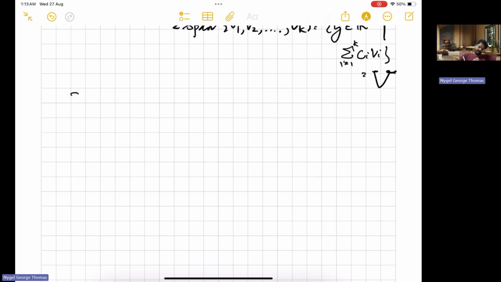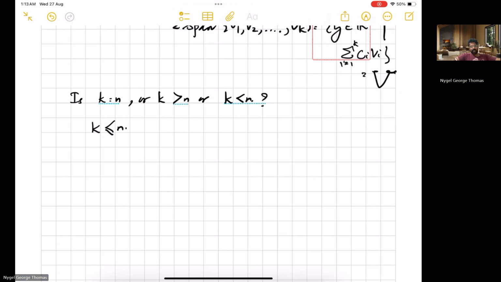Is k equal to n, or k greater than n, or k less than n? It turns out that k is less than or equal to n. If you are given a set of vectors which spans a particular vector space, the basis could be equal to it or less than it, but not more than that.